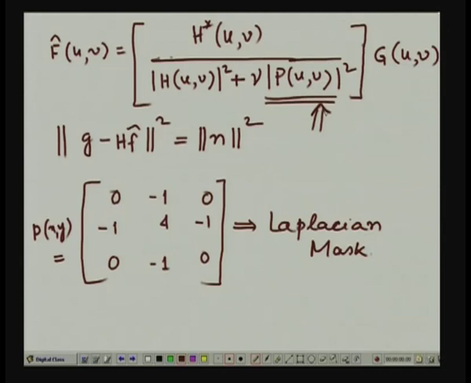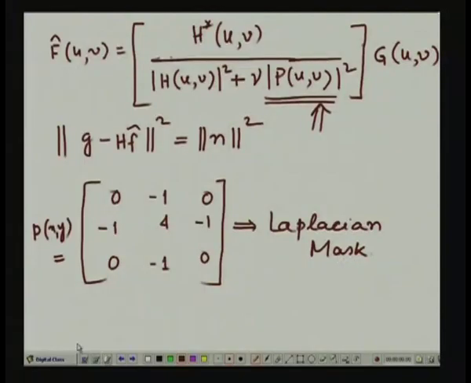So, as we said, this gamma has to be adjusted manually for obtaining the optimum result, and the purpose is that the gamma is adjusted so that the specified constant is maintained. However, it is also possible to automatically estimate the value of gamma by an iterative approach.